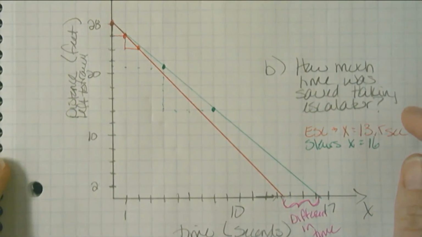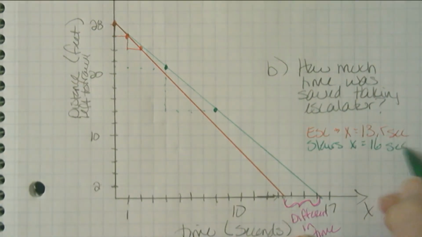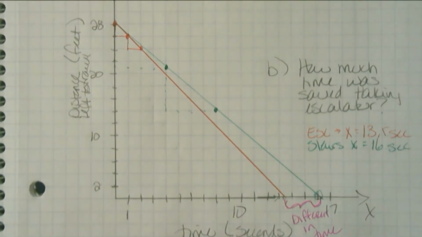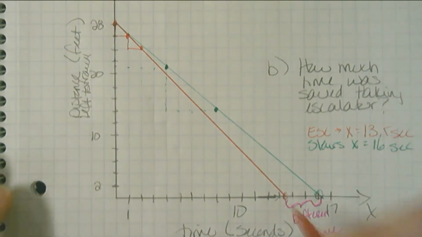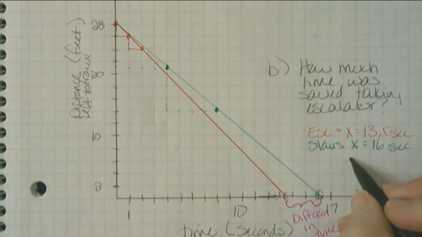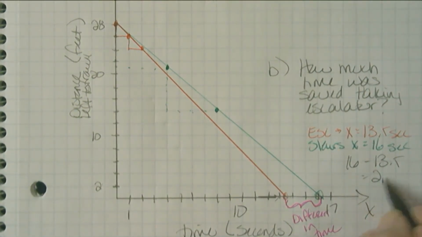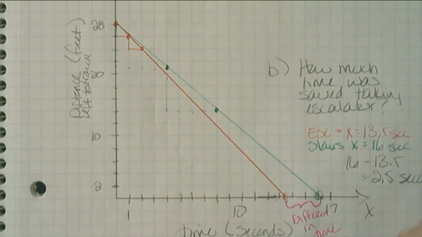How many of you guys agree about 16 seconds? I'm just reading off where our escalator line and our stairs line hit the x-axis because that's when we get to the ground. So I'm just going to subtract these. 16 minus 13.5 gives me 2.5 seconds saved.